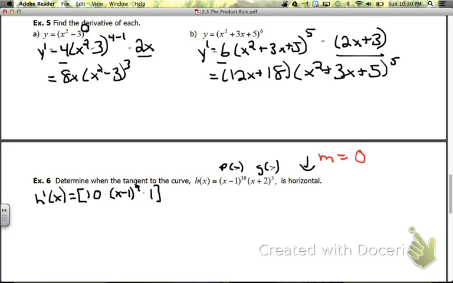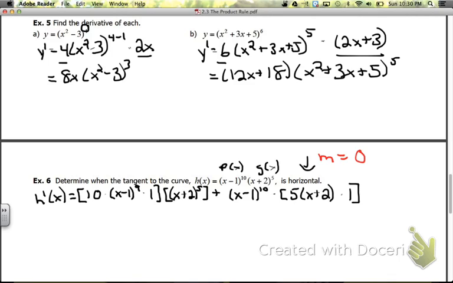Multiply it by our g of x, so that will just be (x plus 2) all to the power of 5. Now, because it's product rule, we add (x minus 1) to the power of 10 times our g prime of x, which is 5 times (x plus 2) to the power of 4 times 1.